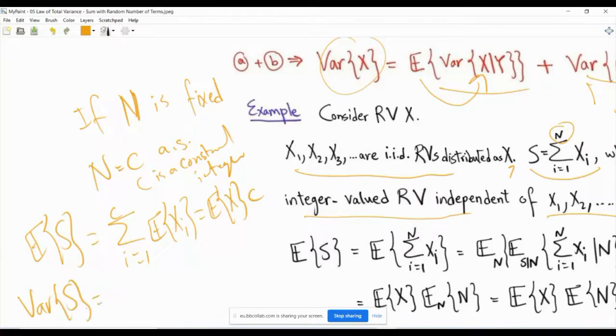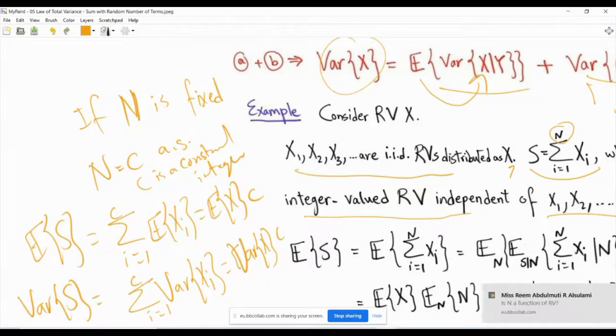Now you know that variance is not linear, and the variance of a sum typically is a double sum of the covariances. But if the variables are independent, then they are uncorrelated, and the covariance of x_i and x_j for i not equal to j will be 0, and in that case the variance will be the sum from i equals 1 to c of the variance of x_i. So again, it is the variance of one of them multiplied by the number of terms.